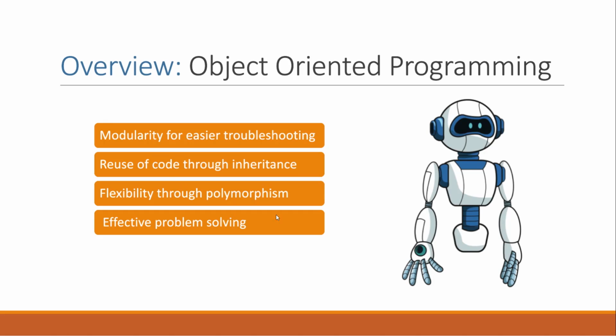Effective problem solving. It won't be efficient if you keep on writing a program again and again to perform the same task. If you write a program once and can reuse it again and again, that is actually the need of the software industry. For example, if I have created a class that holds the functioning of this hand, then I can call that class multiple times in order to create more than one hand.